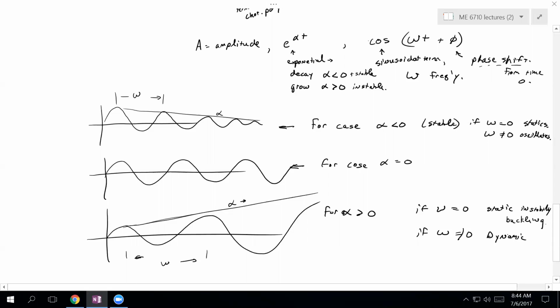And Moon talked about this in the book. Actually, I pulled this language from him. And sometimes this is called flutter. Sometimes it's called other things, but you get that dynamic response. Okay.